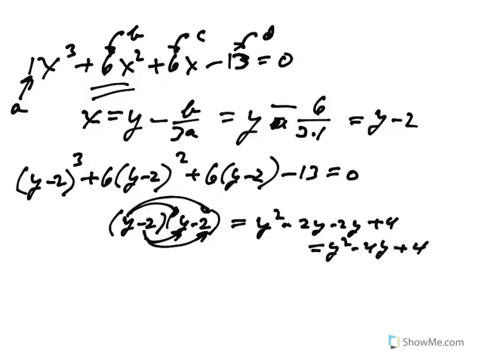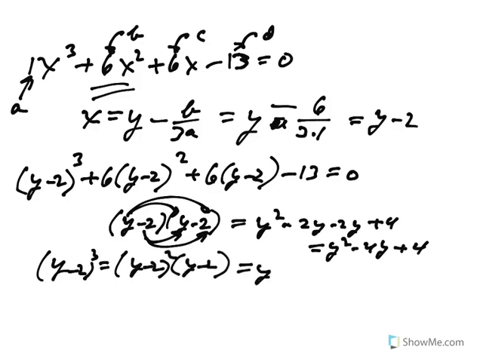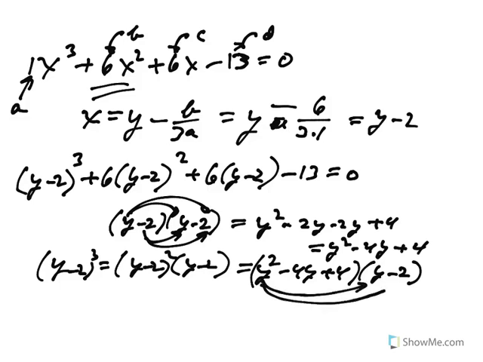Now, to get y minus 2 cubed, you can take that answer you just got. y minus 2 cubed is y minus 2 squared times y minus 2. We just calculated y minus 2 squared. Parentheses, y minus 2. Distribute. There's going to be 6 terms because you have to multiply each term on the left by each term on the right.